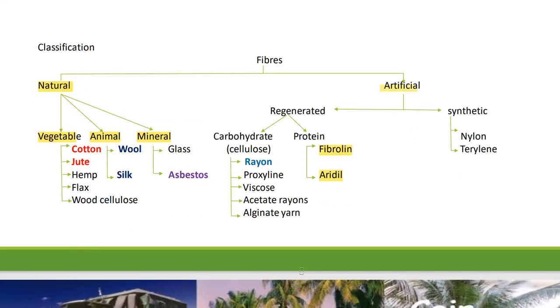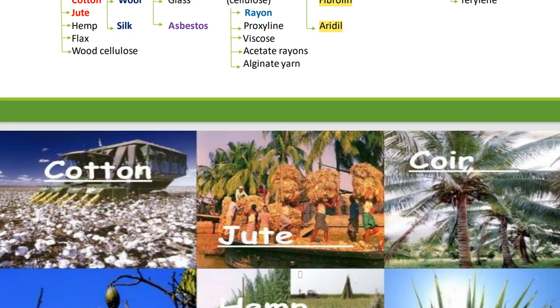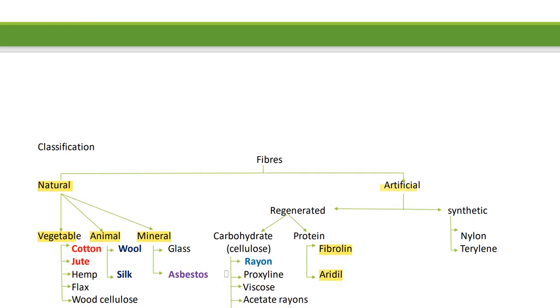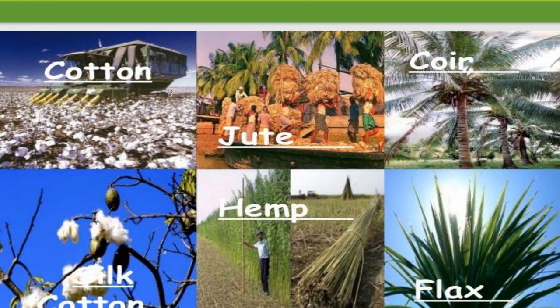Okay, let's move ahead. You can see these are a few pictures. So this is cotton, jute, the rassi or the dori that you have at your home.